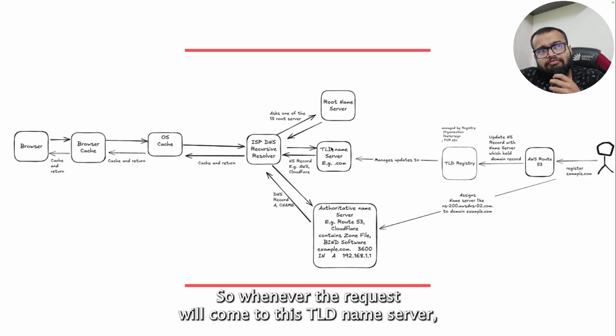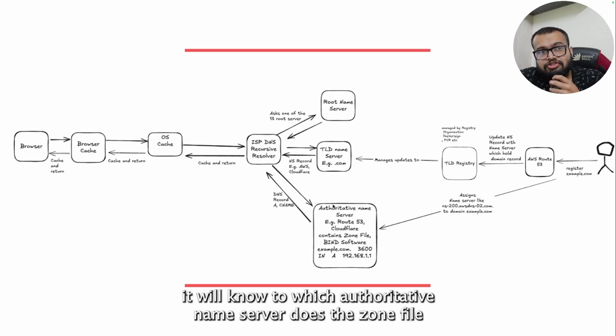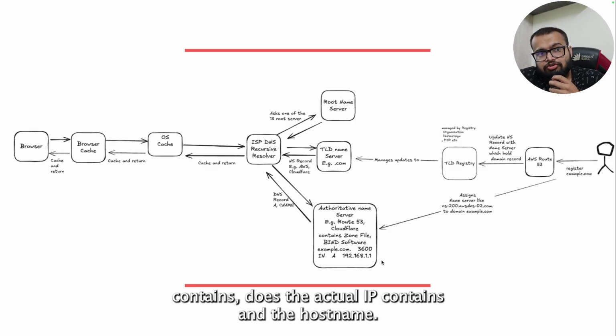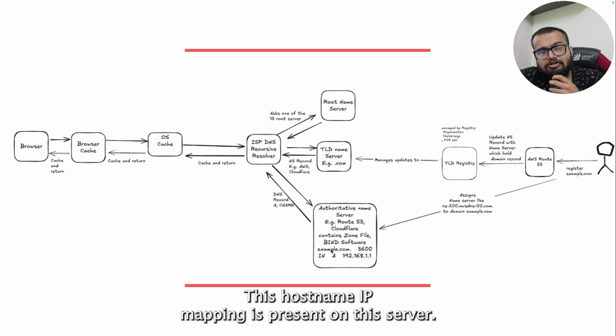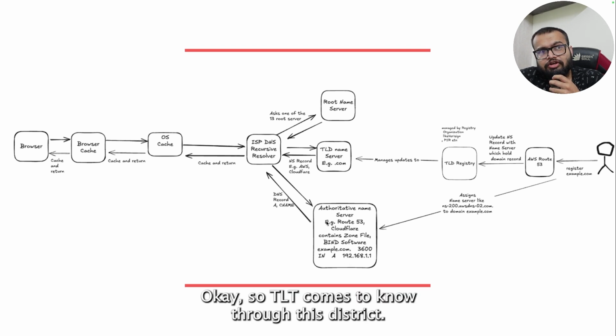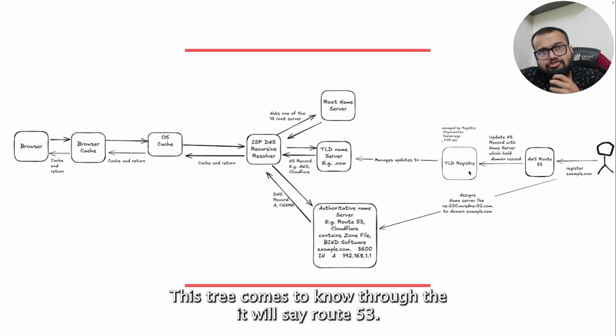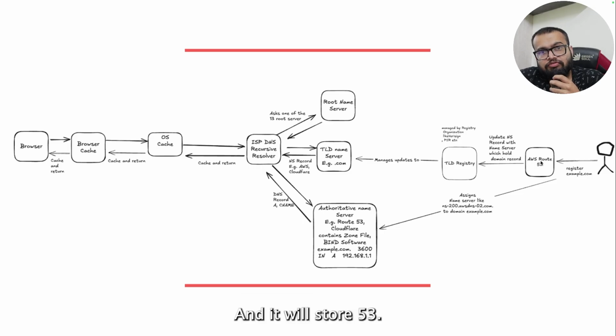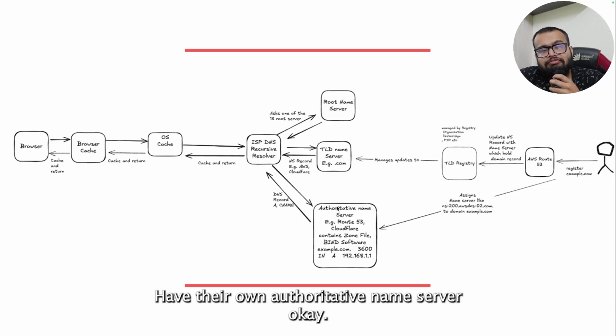Whenever a request comes to this TLD name server, it will know to which authoritative name server to go, the one whose zone file contains the actual IP and the host name. This host name to IP mapping is present on that server. So the TLD comes to know through the TLD registry, the TLD registry comes to know through AWS Route 53, and AWS Route 53 has their own authoritative name server.